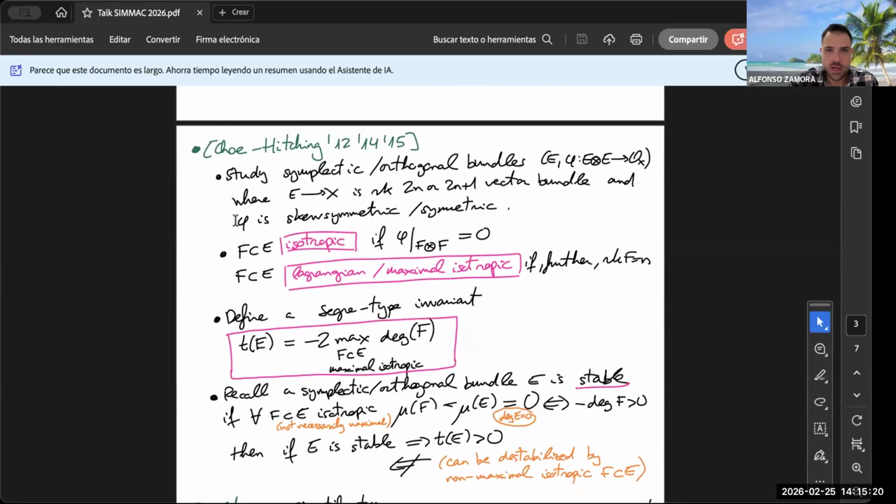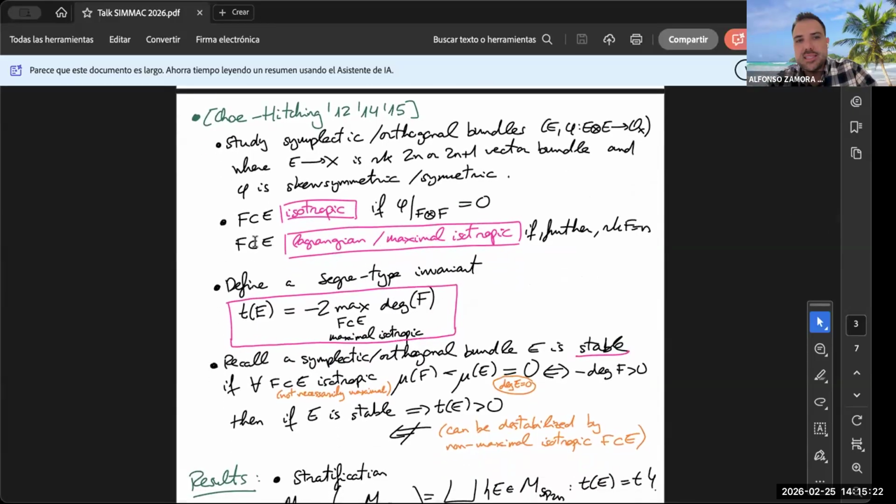I recall that we call a subbundle isotropic under these circumstances if the restriction of the morphism to the subbundle is 0. And we call a subbundle Lagrangian, or in the orthogonal case maximal isotropic, if furthermore the rank is maximal. So the rank of the subbundle is half the dimension in the symplectic case, or the floor of half the dimension in the orthogonal case.